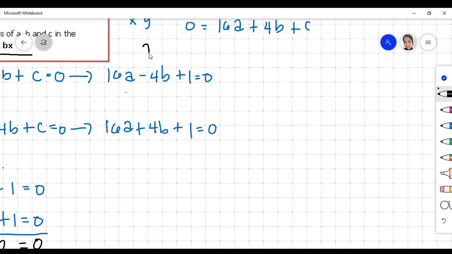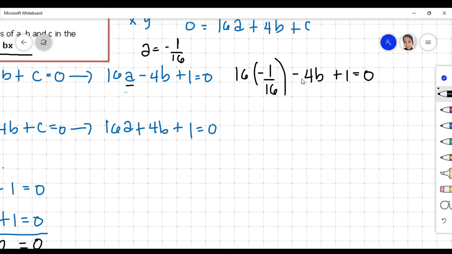So again, a is equivalent to -1 over 16. So let's substitute it here. 16 times -1 over 16 minus 4b, which is unknown, plus 1 equals 0.